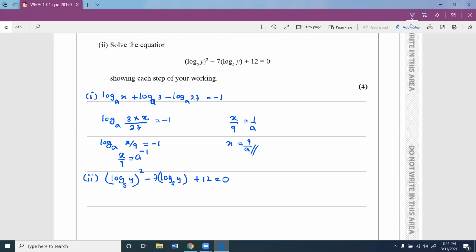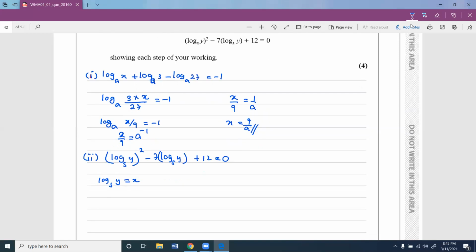Then if I take log 5y as some kind of a term like x, you can see this is x squared minus 7x plus 12 equals 0. Then it's just like a quadratic equation. So if you simplify this, you can say x equals 4 and x equals 3.